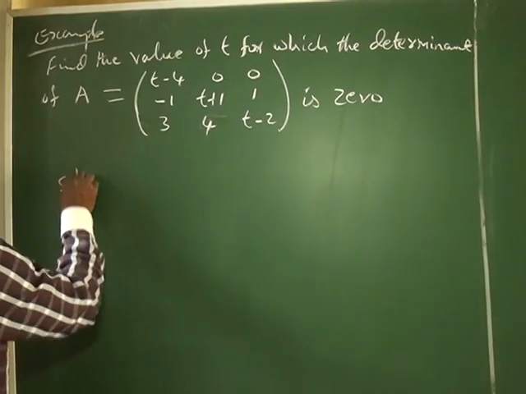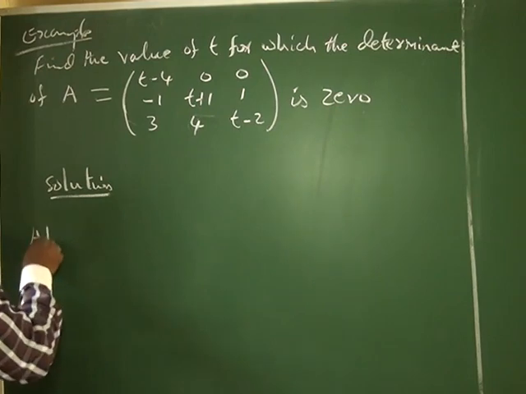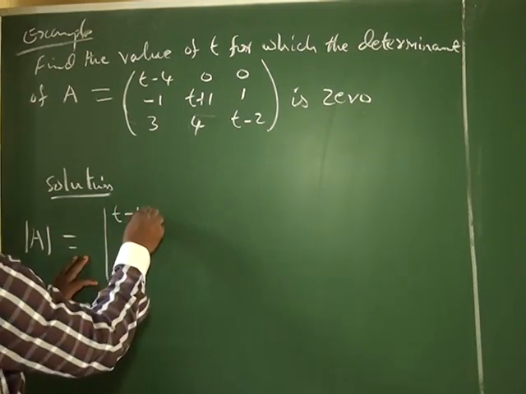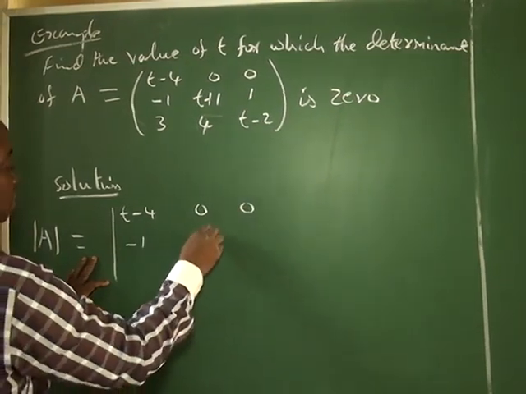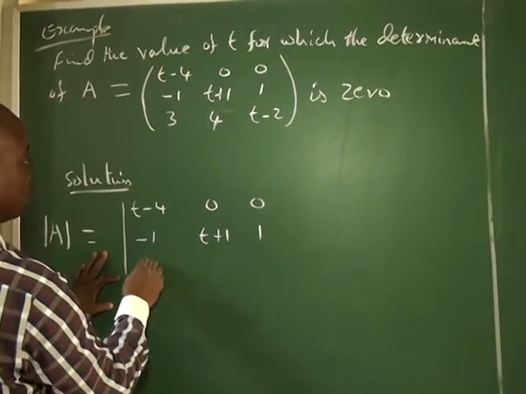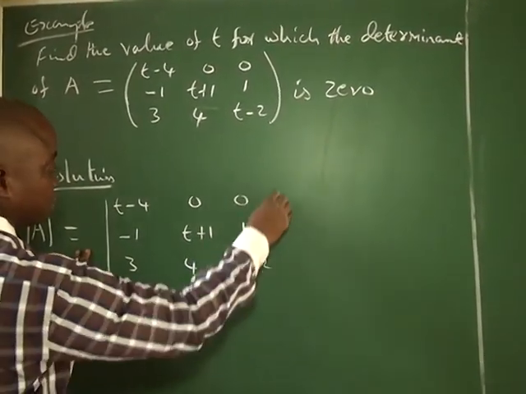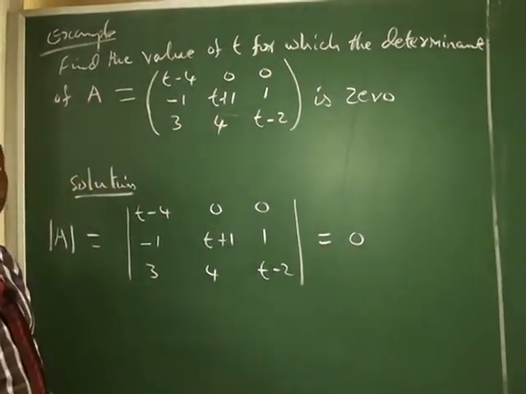So the determinant of A will be equal to t minus 4, 0, 0, minus 1, t plus 1, 1, 3, 4, t minus 2. And we are told that the determinant will be equal to 0.